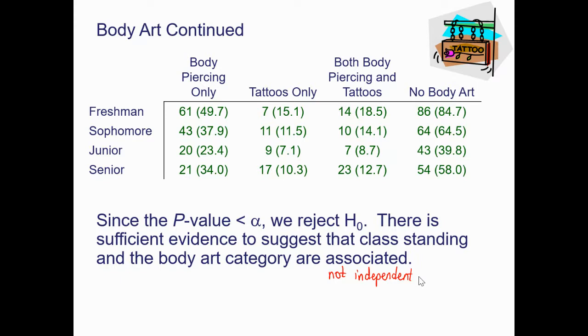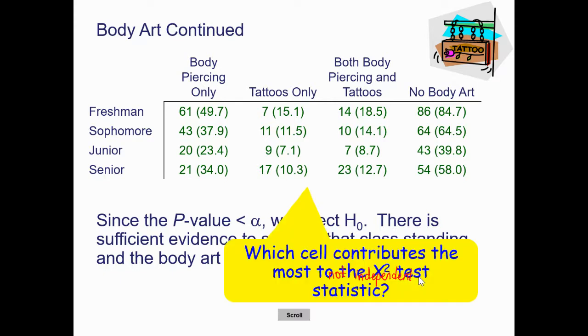Okay, any questions or anyone still trying to write down the conclusion? No. Okay, next example. Oh, well, let's back up. Before we get to that, let me erase this. They're asking us which cell, looking at our counts and everything, contributed most to the chi-squared statistic? Which one do you think contributed most?